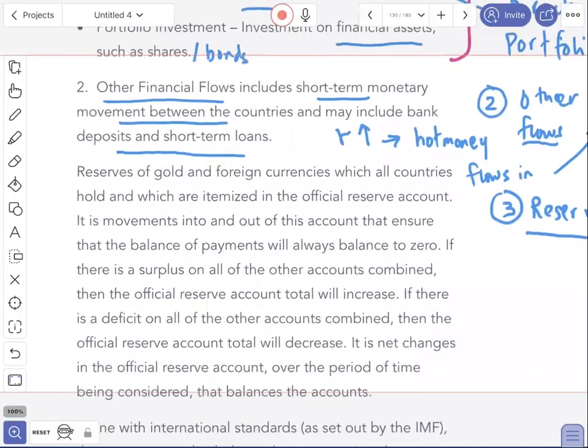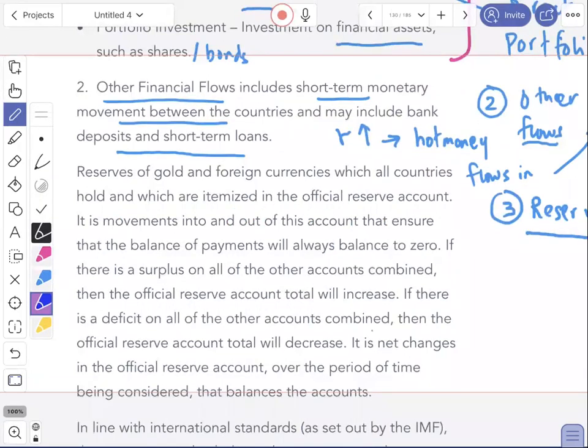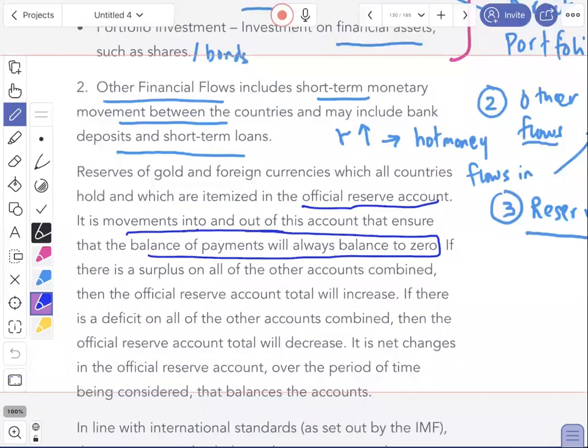Reserve of gold and foreign currencies, which all countries hold and which are itemized in the official reserve account. So there's an official reserve account. It is movement into and out of this account that will ensure the balance of payment will always balance to zero. We should say the balance of payment should always balance to zero, because whenever there's a shortfall, we should bridge that shortfall by taking money from reserves.